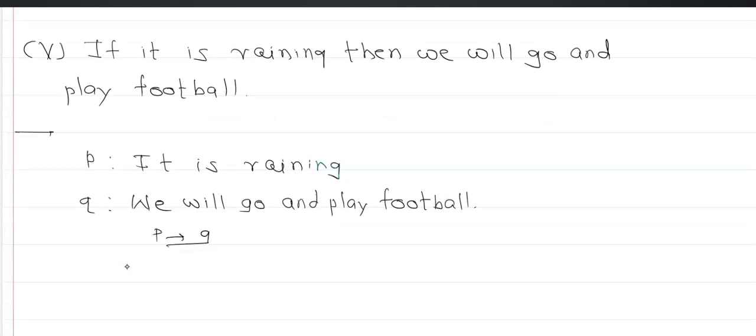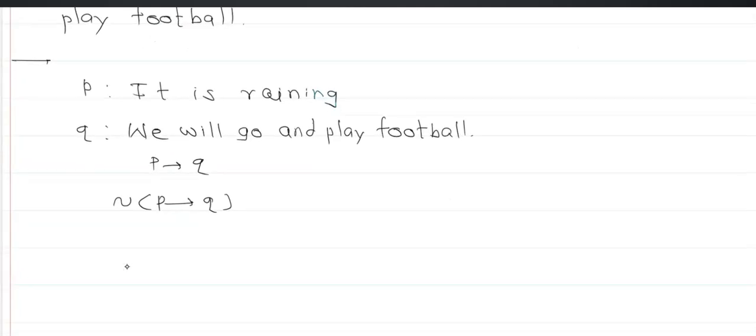Now we have the statement P implies Q. Then its negation is P and negation Q.